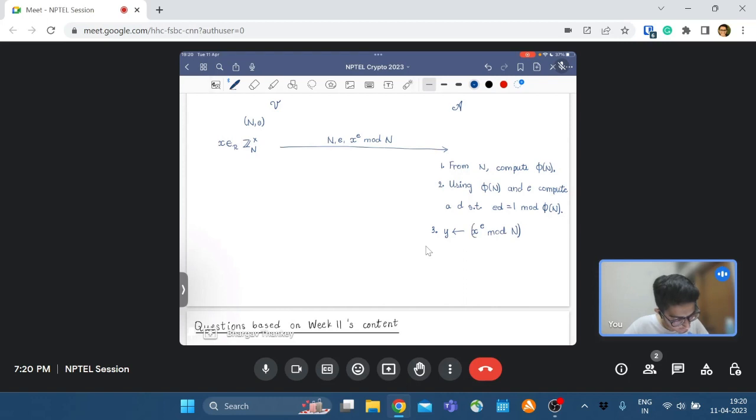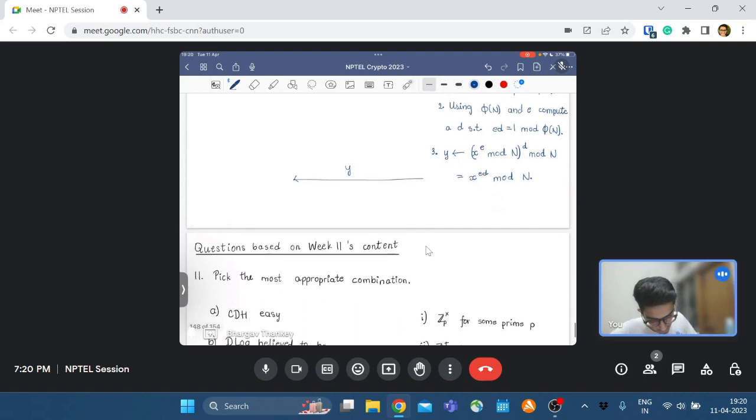so it raises this to the D mod n, but this equals x to the ED mod n and just forwards y. We saw in class that this is the same as x mod n.